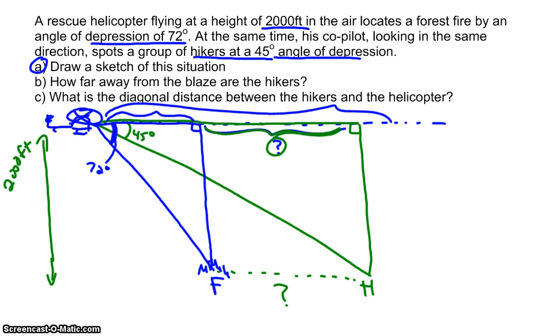Okay, so let's get the full distance. We're going to use right triangle trig. So I know that my angle is 45 degrees. And I know that this height over here is also 2,000 feet because that's the height of the helicopter. So what can I use to find this total distance going straight across here on top?